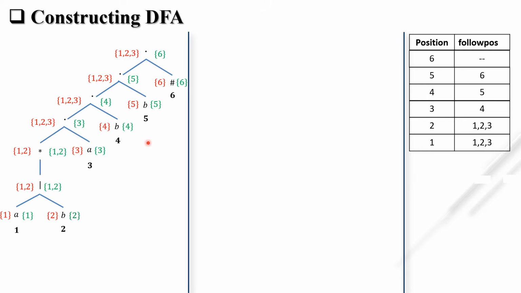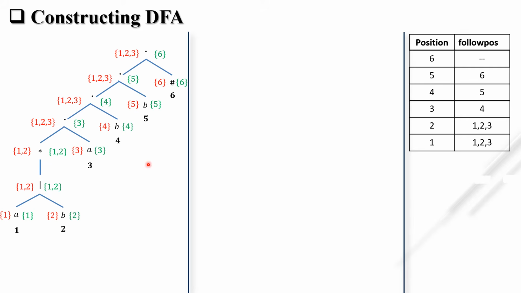So we have this tree with the first position and last position of operators and operands, and also we have the follow position of all the positions. Also at the sixth position we have to write nothing. Why? Because we have not computed the follow position of this 6, but we have to write it in the table.